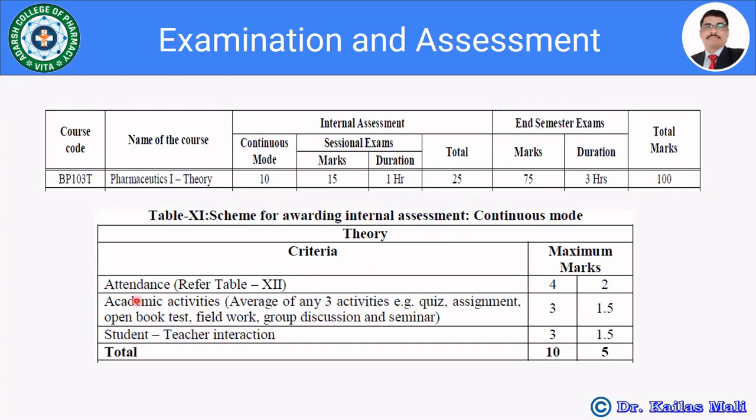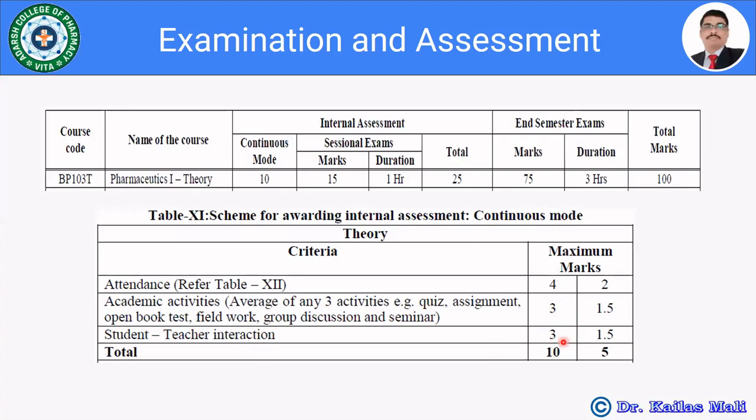So for the attendance, 4 marks are allotted from the CME, that is the continuous mode. Then for academic activities like a quiz, assignment, open book test, field work, group discussion and seminar, there are 3 marks which are given from the continuous mode, and student teacher interaction approximately 3 marks are given.